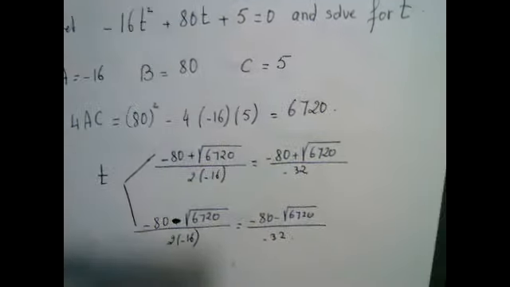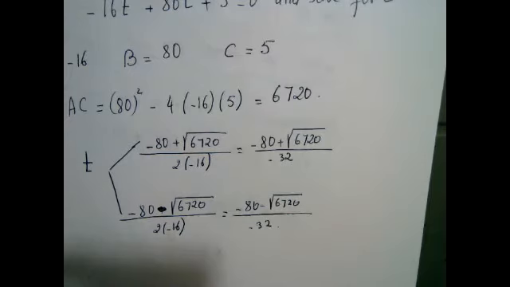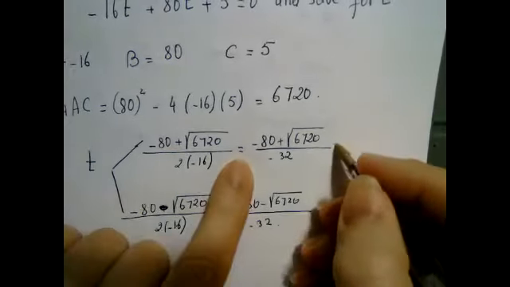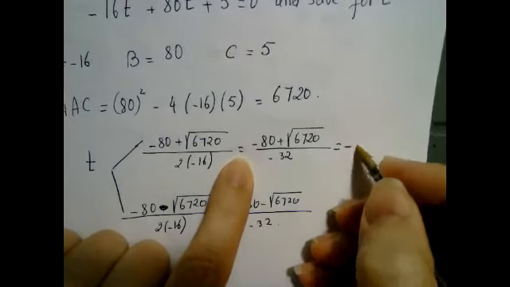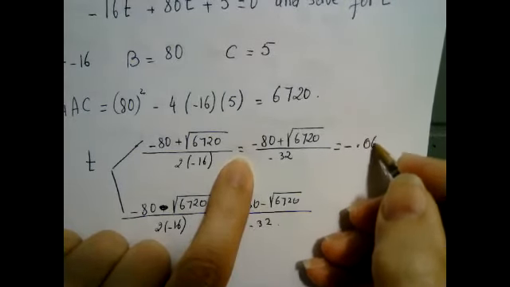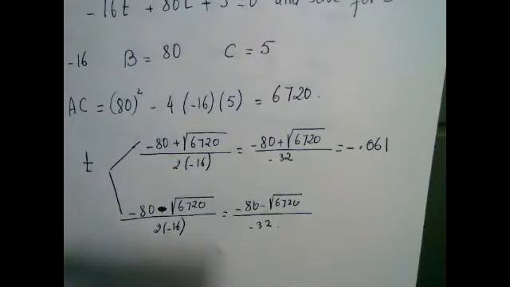I'll compute the first one: minus 80 plus the square root of 6,720 divided by negative 32. I'm getting minus 0.061.